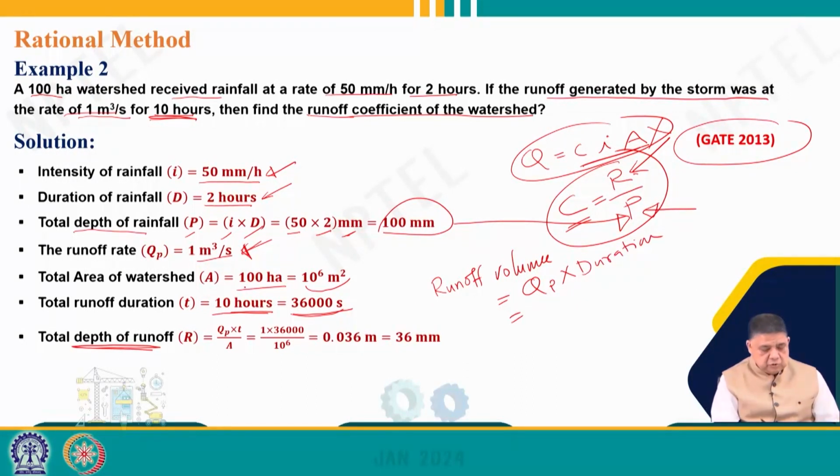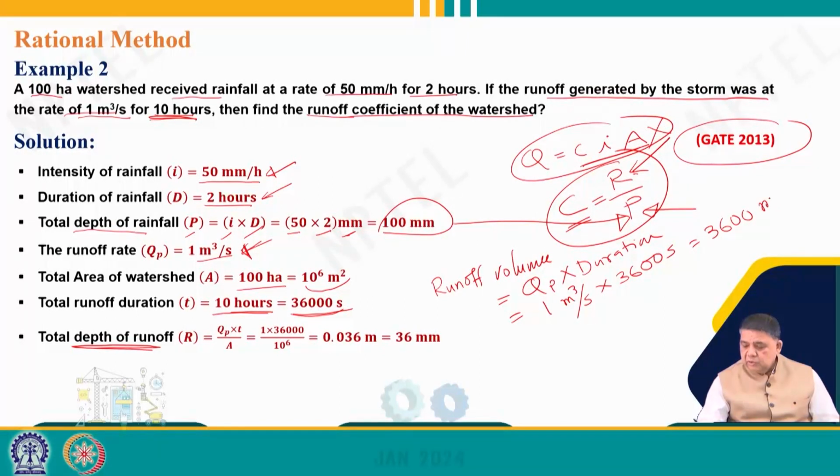That is, QP is given as 1 cubic meter per second into 3600 seconds. So that simply means we get a value of 3600 cubic meters. That is the runoff volume. Sorry, it's not in depth units, it's a volume in cubic meters.